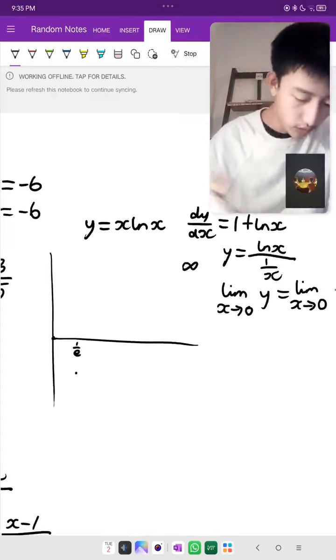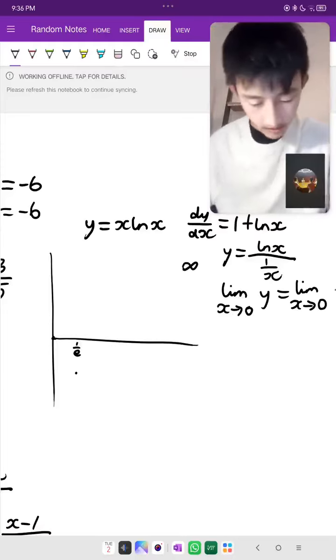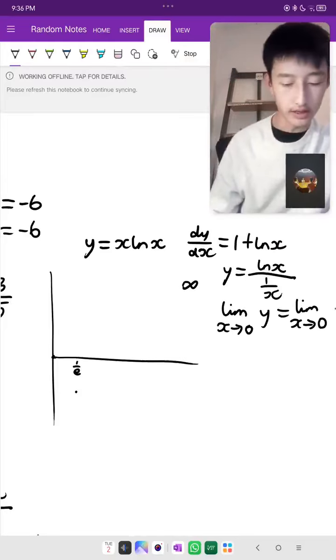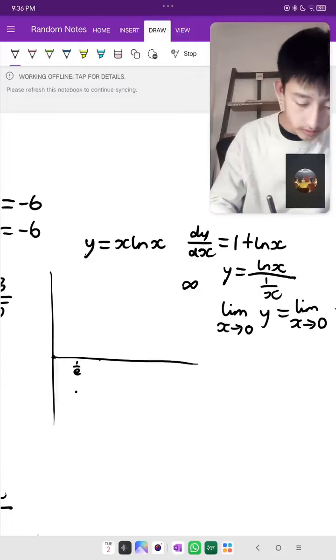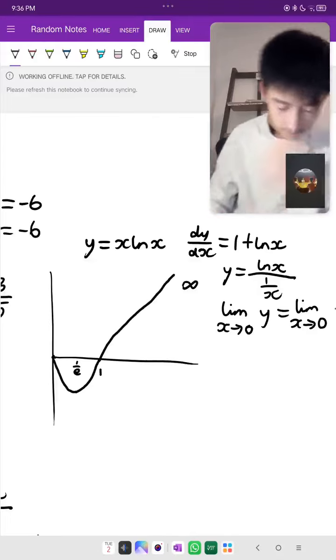I would try to show that that isn't actually a point in my domain, but I don't really care. There's going to be a root at x equals 1. So let's plot that here. And I think that's enough information to show that our graph does something like that. Okay.